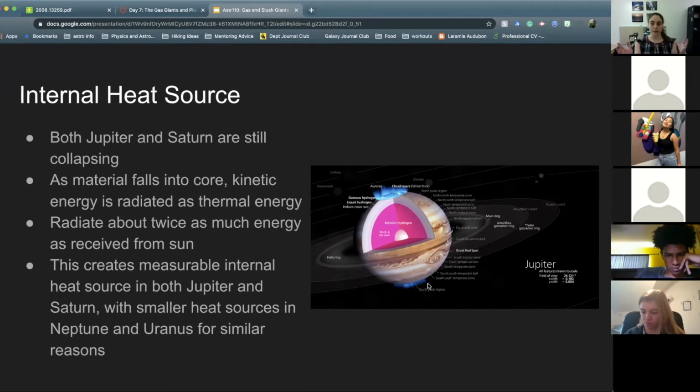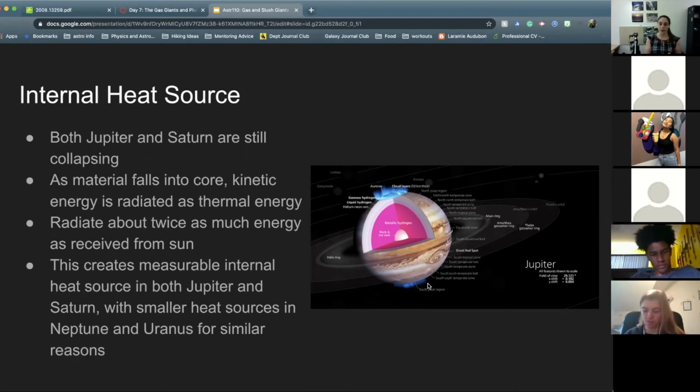As they fall, they lose gravitational energy and they gain kinetic energy, which is radiated away as thermal energy when they hit the center. So that's throwing a teensy bit of conservation of energy at you, but the main idea is that because they are still collapsing, as material collapses, you heat things up, and that needs to be radiated away.